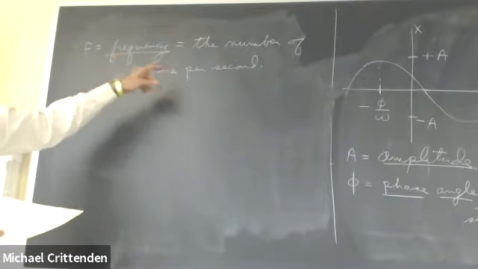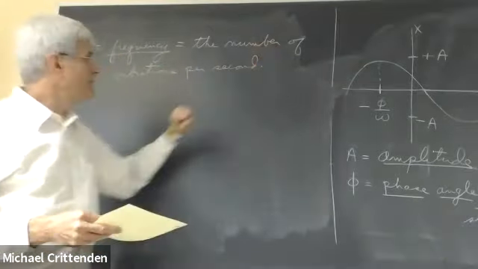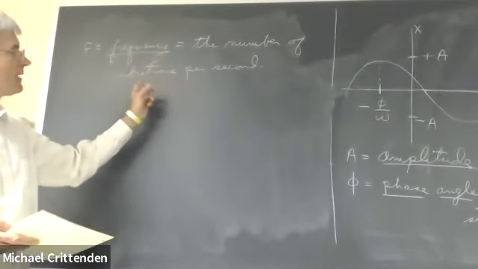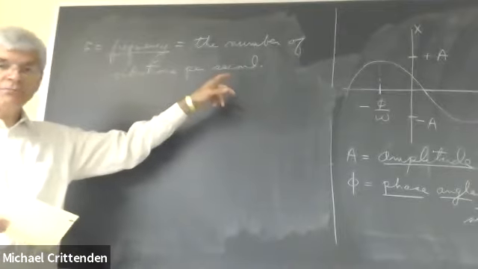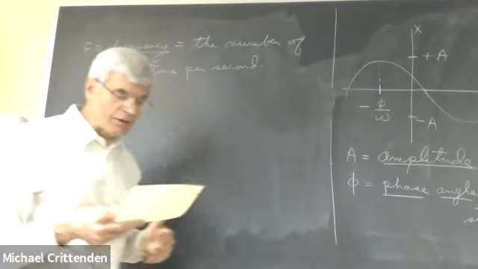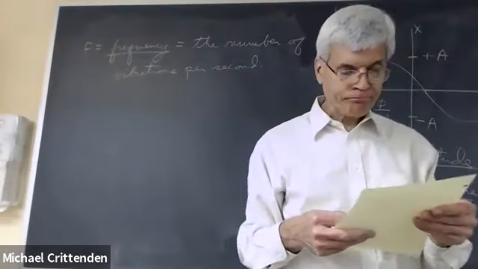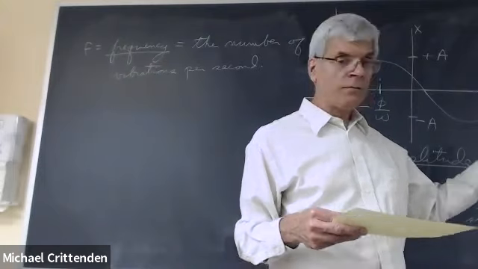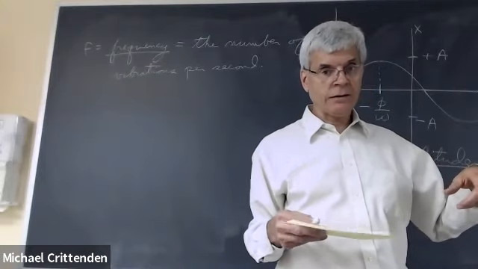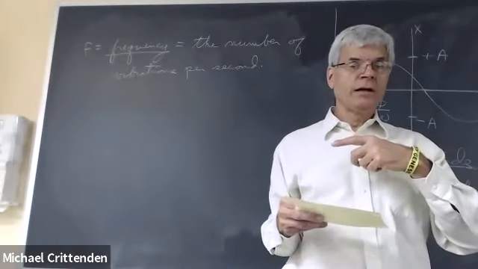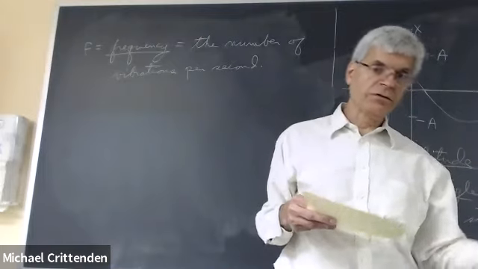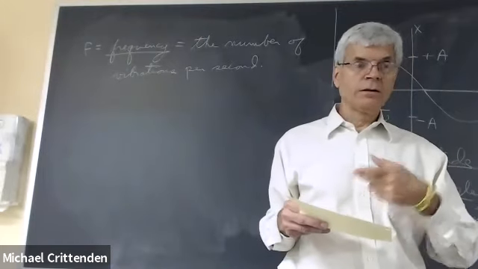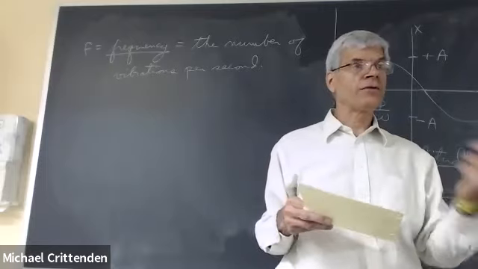Frequency means the number of vibrations, more generally, the number of vibrations per unit time. The time would typically be measured in seconds. So the period tells you the number of seconds per cycle. The frequency is the number of cycles per second. Seconds per cycle, cycles per second.